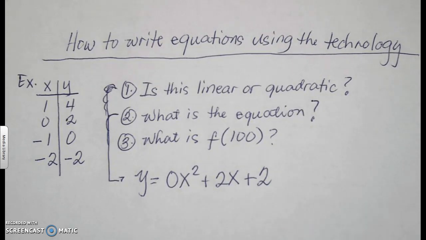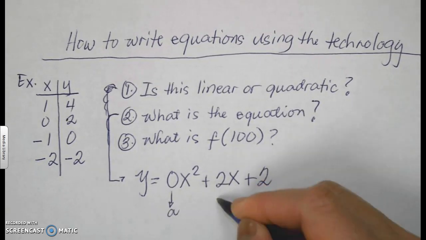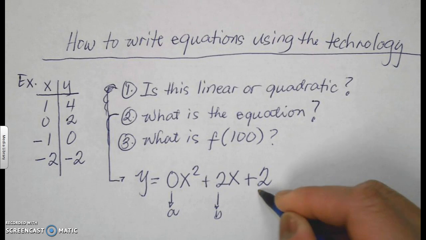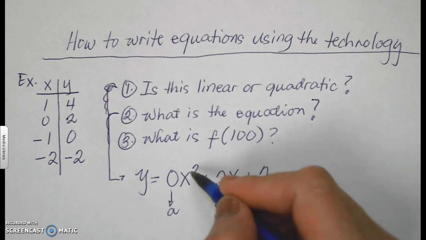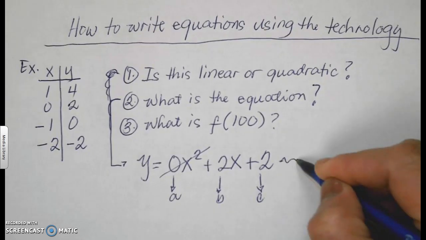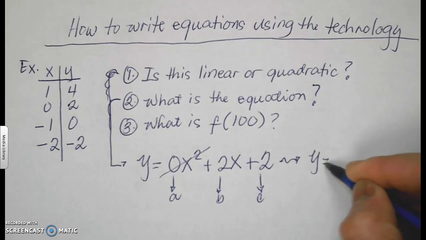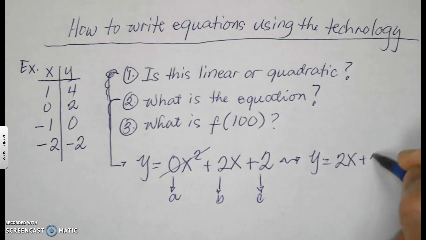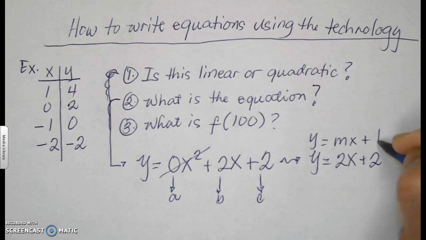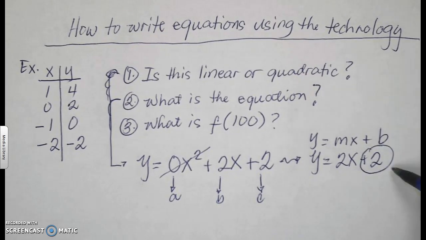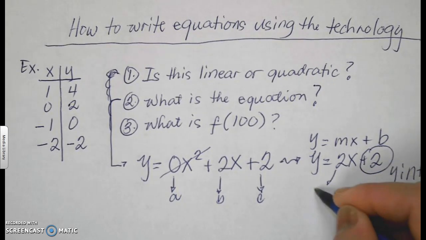Because this is your A, this is your B, and this is your C. Because this component is 0, it will now lead you to y equals 2x plus 2, which is actually your y equals mx plus b. This being your y-intercept and this being your slope.